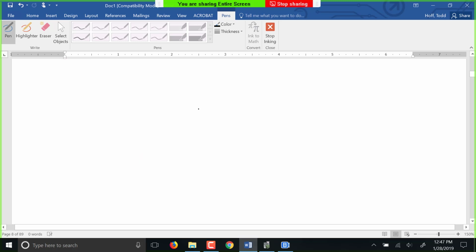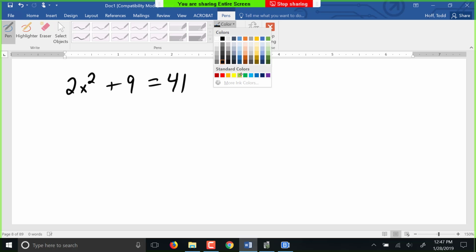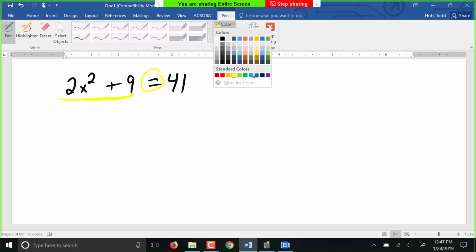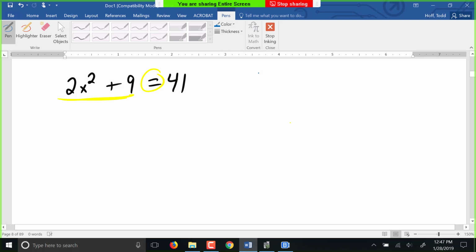We might have something like this. So again, there's our equal sign. The left side here is where our variable is. We've got a few things keeping x from being alone here. We've got the times 2, we've got the squared, we've got the plus 9.